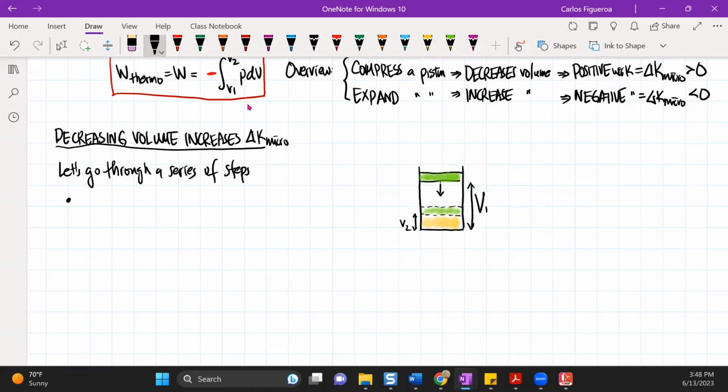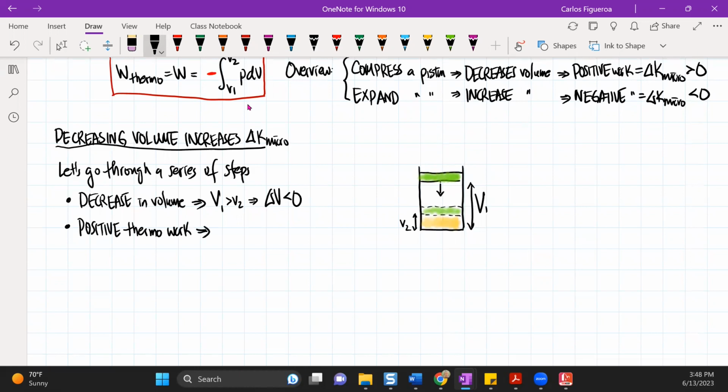So here goes my series of steps. I have a decrease in volume. That in turn means that V1 is greater than V2, and therefore the change in volume is negative. Not a surprise. But now, if I focus on thermal work, I now have positive thermal work.